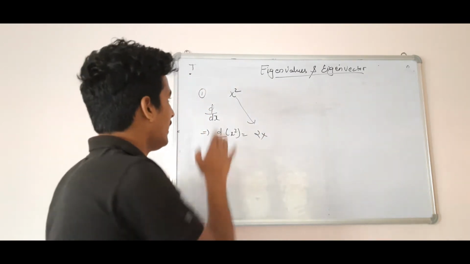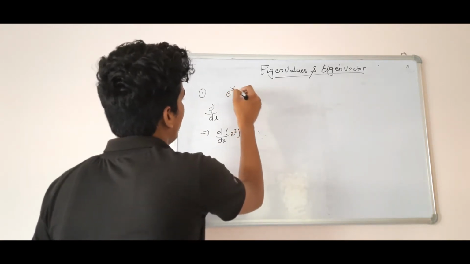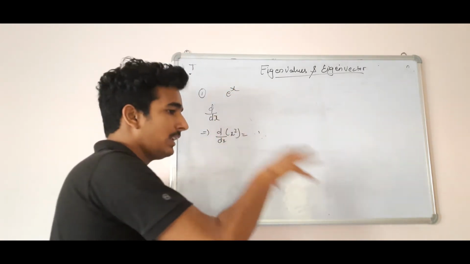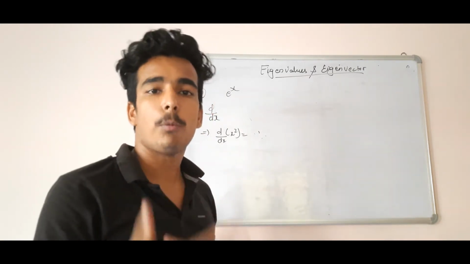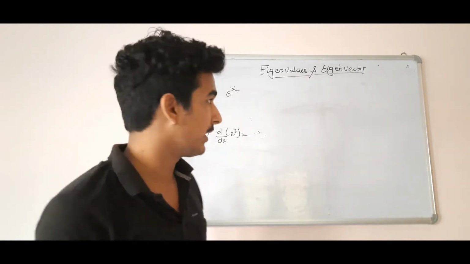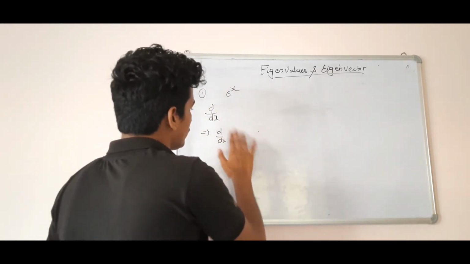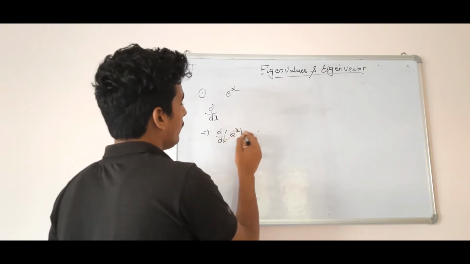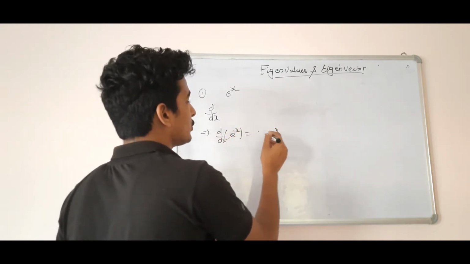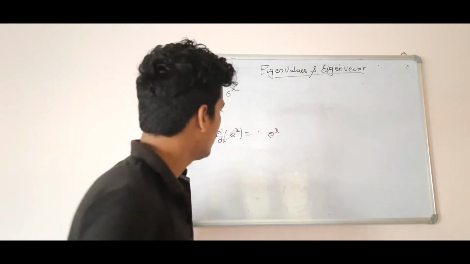But if this function is e to the power x, don't go into the physical significance of the derivative, just consider it an operator. Derivative is just an operator. So again we operate the derivative on e to the power x. What will we get? e to the power x. So my state is unchanged, my function is unchanged.